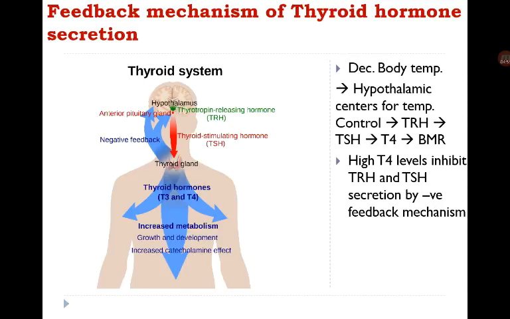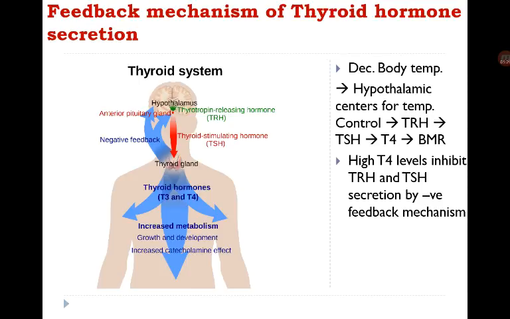The hypothalamus is connected to centers that sense the temperature of our body. So if our body temperature is decreased, the hypothalamic centers of temperature are going to send signals to certain neurons that secrete TRH.